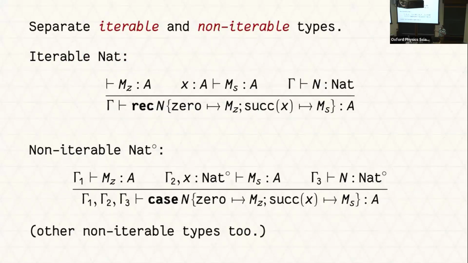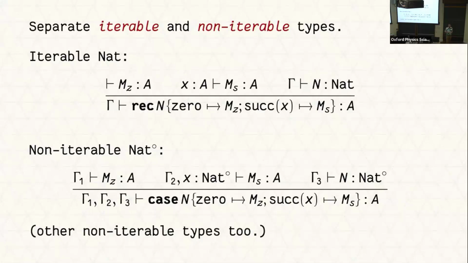And in the step case, the context only gets the result of the rest of the iteration. This tells us to take any natural number and iterate over it. So these natural numbers are going to come from the input, and they can do iteration to produce values. And then we also have this hollow natural number, a kind of natural number with a hole.